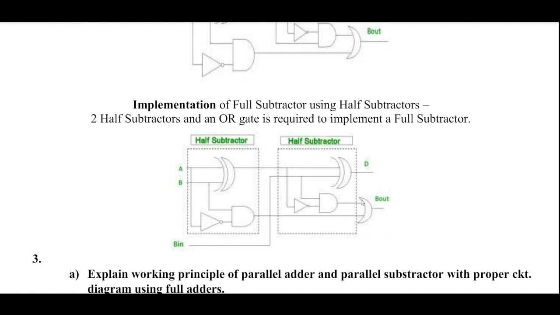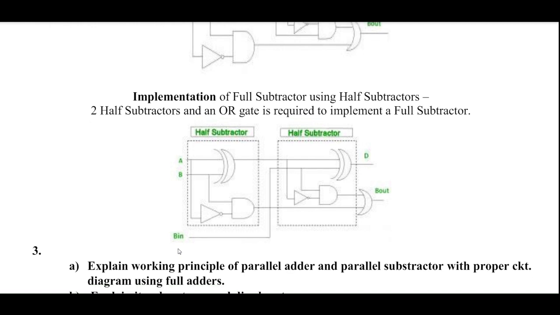Here the symbol for the full subtractor using half subtractors is also the same. Here the final carry is connected to the carry element. There it was carry, here it is borrow. So that borrow is connected to here, and this output is connected as one input for D, and here it is directly connected, and this one extra input C is connected to B in.